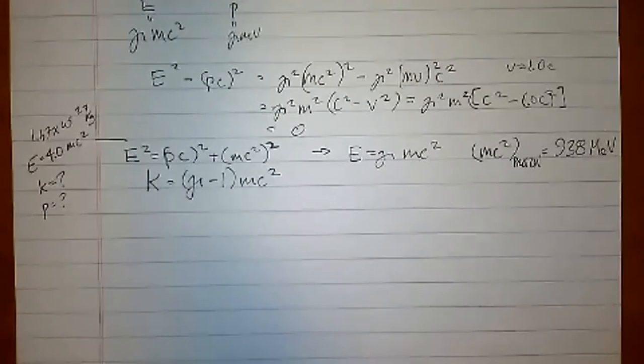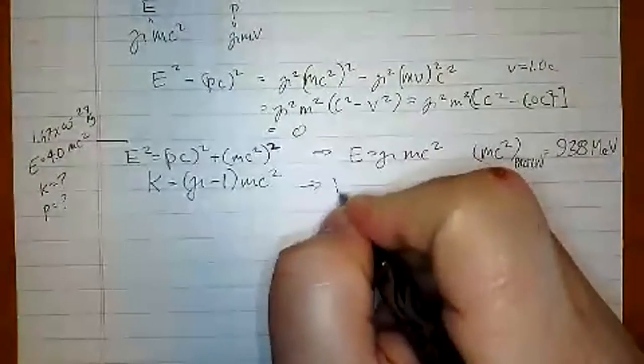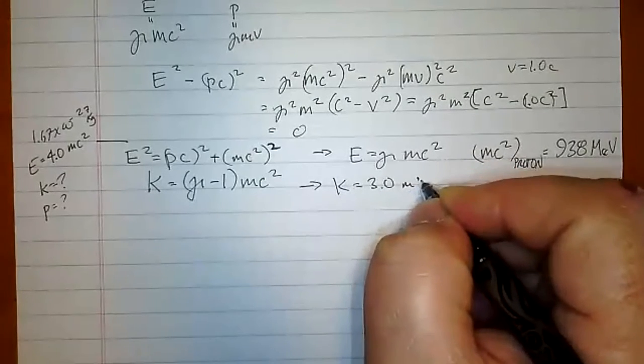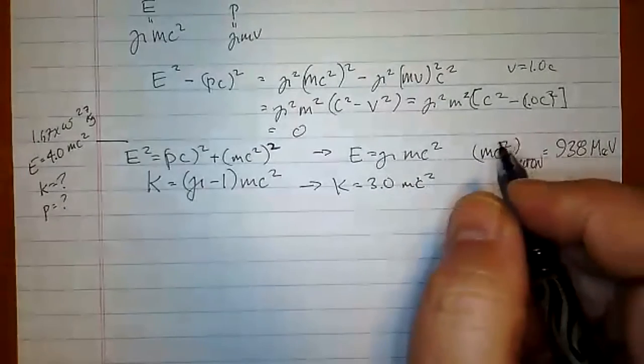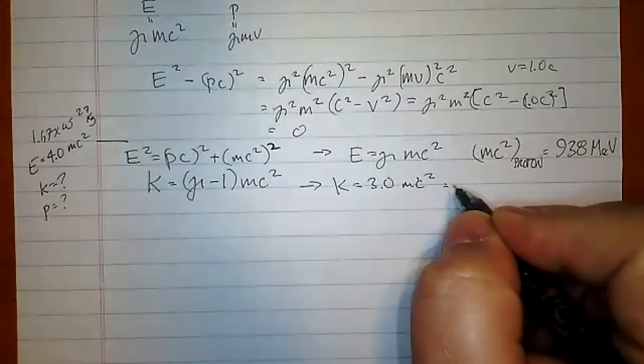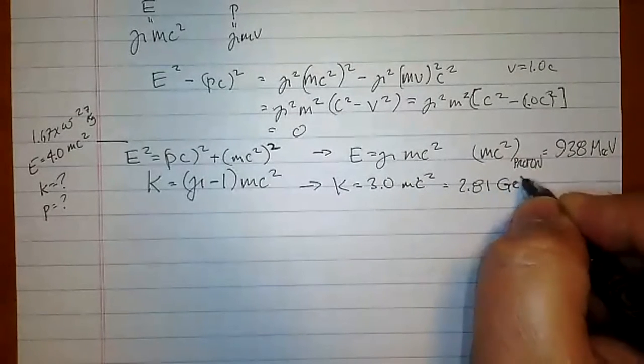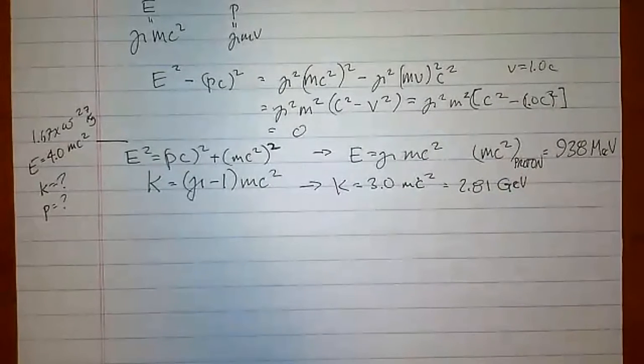So you can divide by 1,000 since they want it in GeV. It's in MeV and they're looking for GeV, so it would just be 2.81. Yep, that sounds about right to me. That's correct.